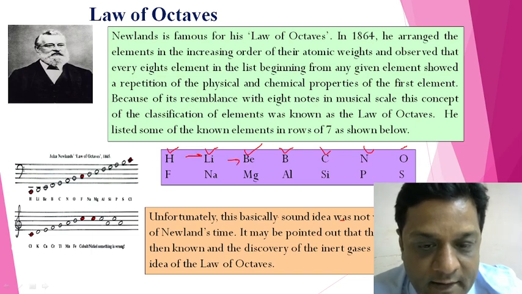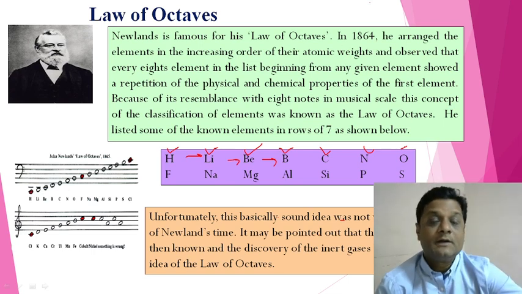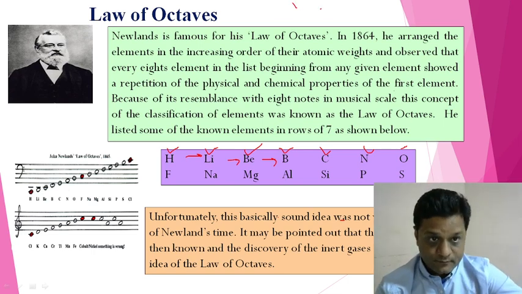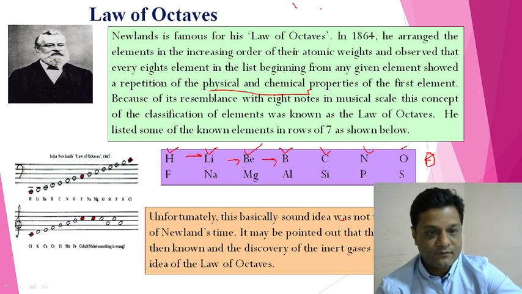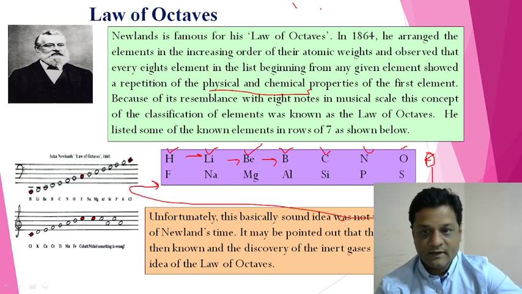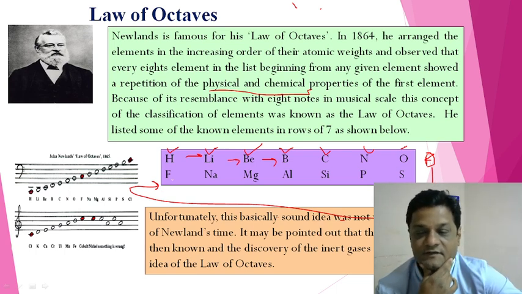Okay, and the second thing he says is that he observed that every 8th element in the list beginning from any element showed the repetition of physical and chemical properties. That means the 8th element from here will be fluorine, placed in the first place, and fluorine and hydrogen will have similar chemical and physical properties.